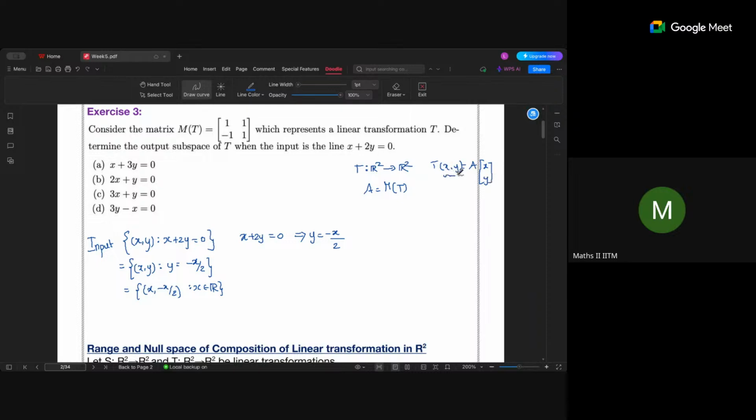So here (x, y) is your input and T of (x, y) is your output. You want to check what is T of (x, y), so for that you can also check A times (x, y). So you want to find T of (x, minus x by 2). Instead we are only given the information about the matrix, so let's use the matrix.